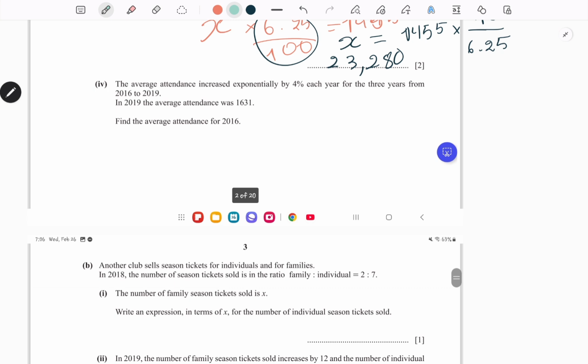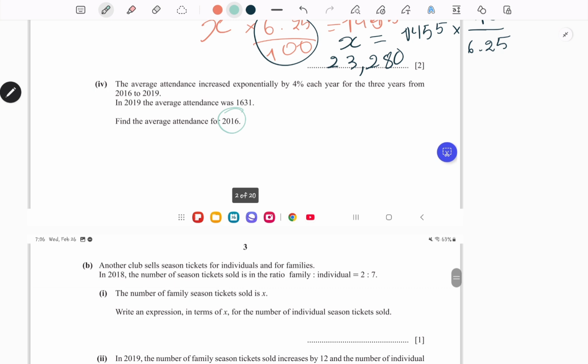The average attendance increased exponentially by 4% each year for the 3 years from 2016 to 2019. In 2019, the average attendance was 1,631. They need us to find the average attendance for 2016.